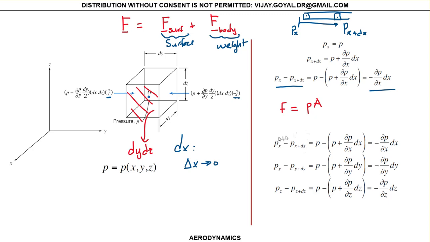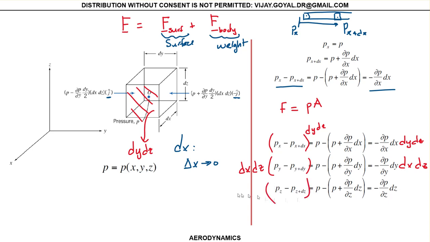So basically, I want to convert all these to area, so I multiply this by dy dz on both sides, and this one I multiply by dx dz, because in the x direction this plane is dx dz.